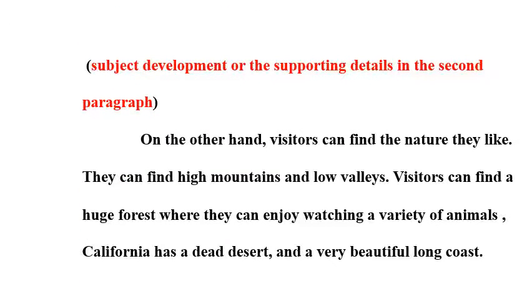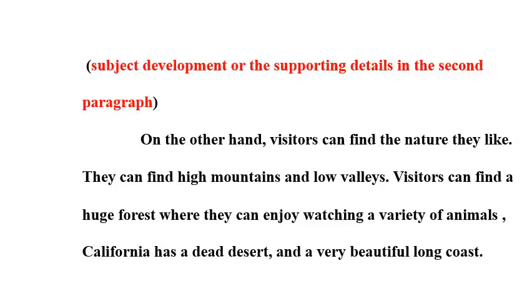Our second paragraph was about the beauty of the landscape. So we are going to support the ideas, the details about the beauty of the landscape in California. So we say, on the other hand, visitors can find the nature they like. They can find high mountains and low valleys.